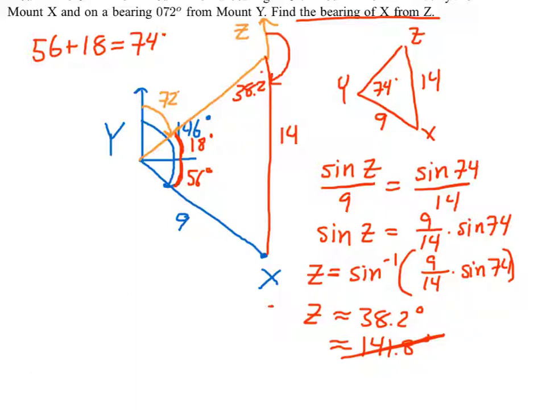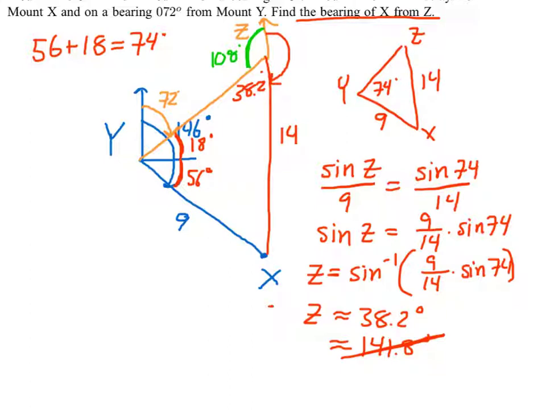Now again, just like we had in the previous problem, I can find this angle from the parallel line theorem. I know that this angle has to be the complement of 72, so it's really 180 minus 72, which is 108 degrees. So now I have three parts of 360 degrees, or I know two of them.